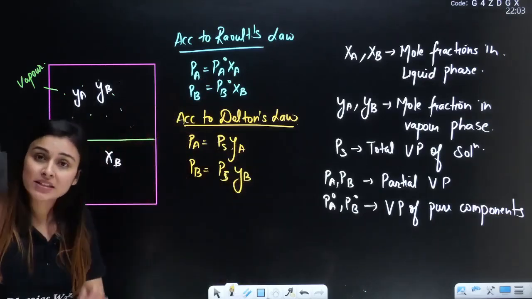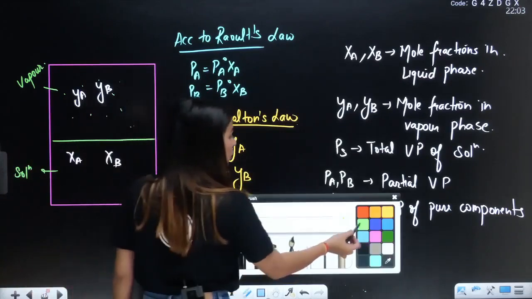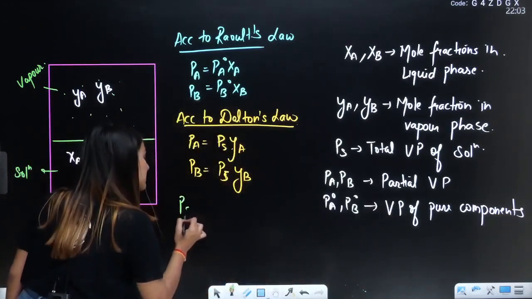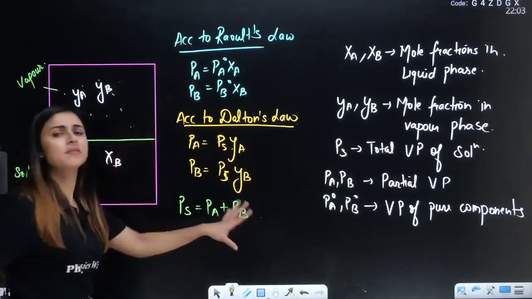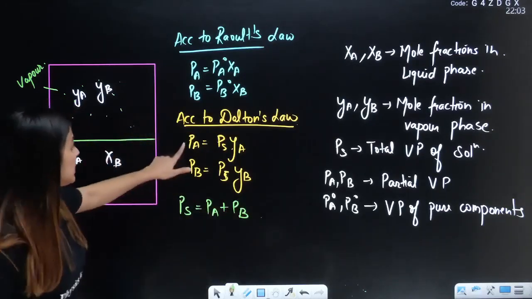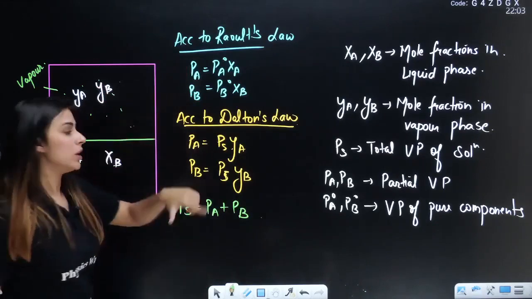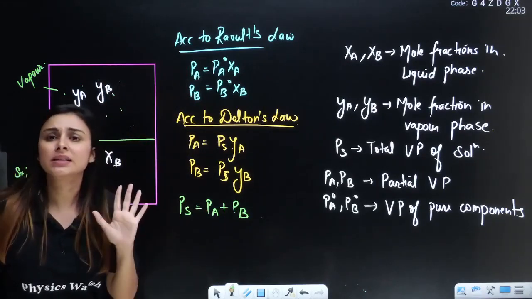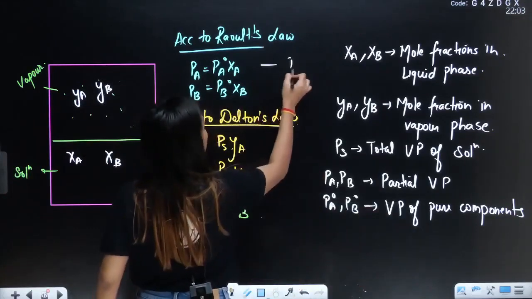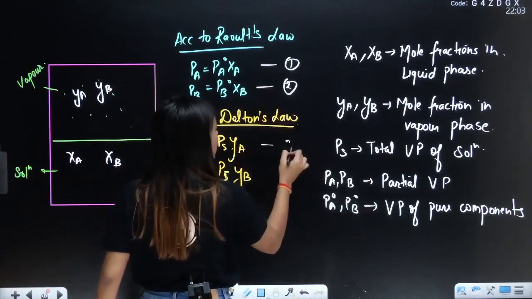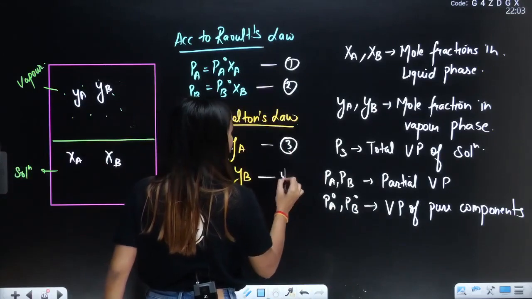Also, my dear students, we all know that PS is always equal to PA plus PB. This PA and this PA are equal. This PB and this PB are same, right? So this is 1, this is 2, this is 3, and this is 4.